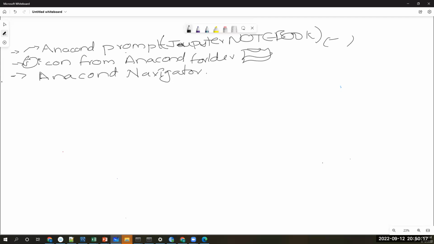You can write Jupyter Notebook with only one condition, that is definitely a space between Jupyter and Notebook. If you write one capital letter, one small letter, or two capital letters, two small letters, or starting with capital and remaining small, or starting with small and remaining capital, it doesn't consider anything.